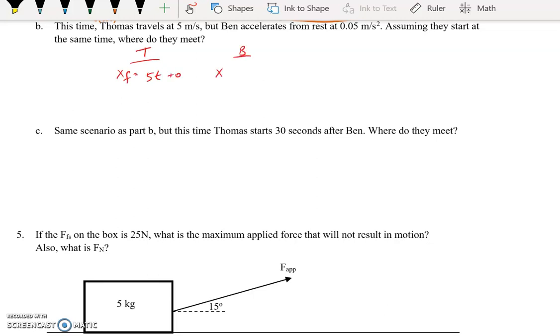Ben, we've got acceleration now, so remember we're going to use one of our kinematic equations, which is delta x equals vit plus 1/2 at squared. And delta x is really final position minus initial position.